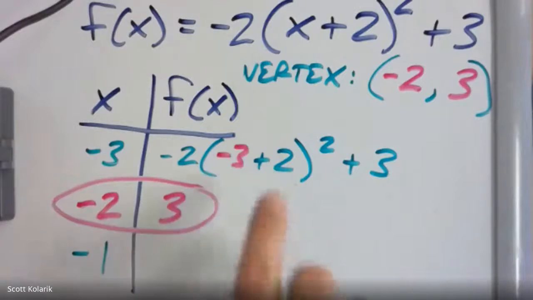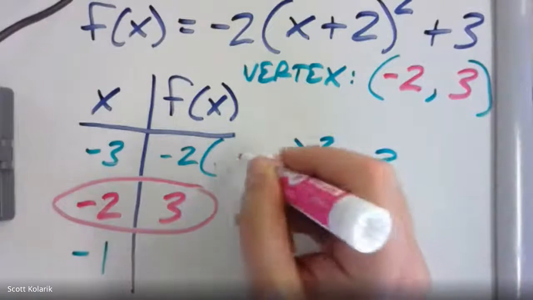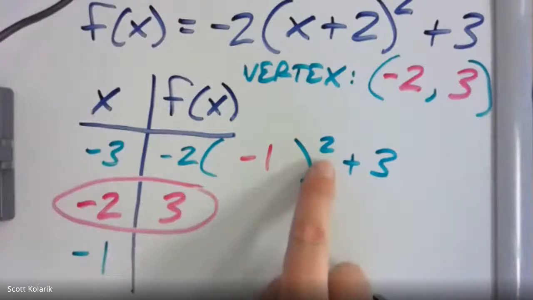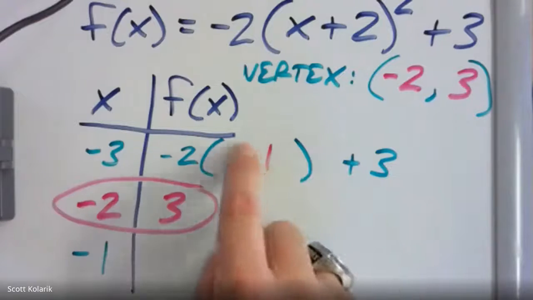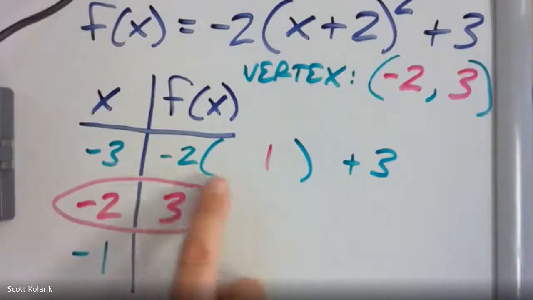-3 plus 2 gives me a -1. I erase this as I go, but feel free to take as much space as you need on your scratch paper. Okay, so now I would do exponent. -1 squared, we've dealt with this before. -1 squared is the same thing as -1 times -1. The negatives will cancel, and I'm left with +1. Now multiplication comes next.